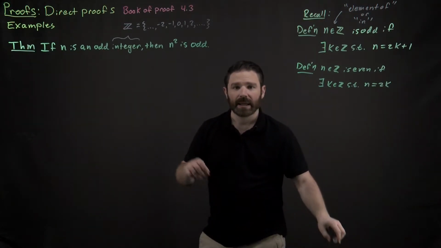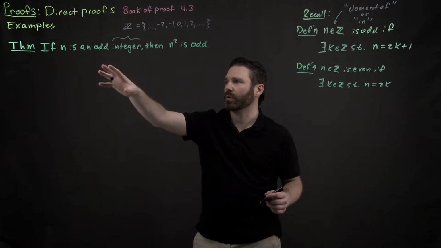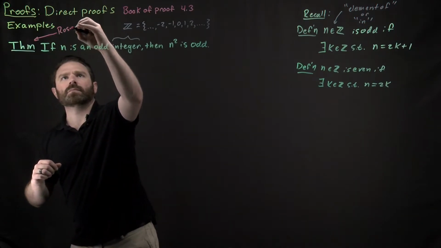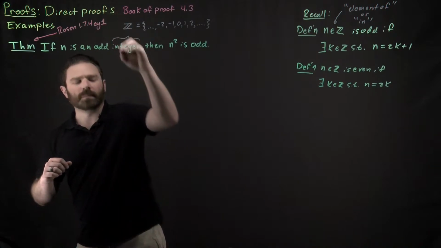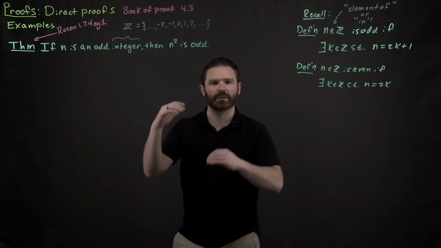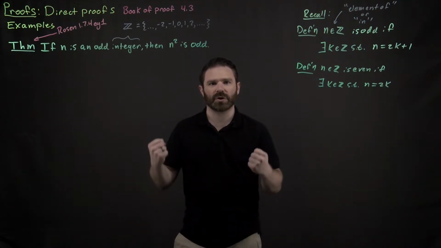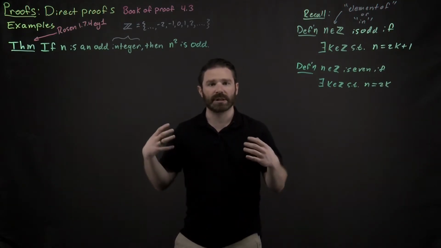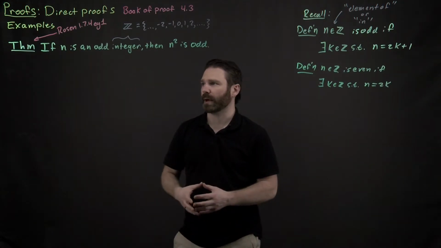This example comes from Rosen's textbook, but the way he describes it does not use the structured direct proof technique. Since direct proofs are so powerful, I think it's important that we prove this theorem using the structured approach that I have been using so far.